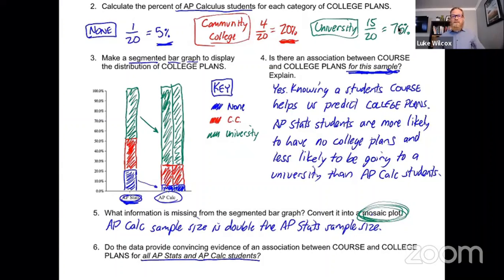So now this is doing some inference. We're taking our sample and trying to make an inference about the population. And sure enough, in number 4, we said there's an association for these 2 samples. But remember, these are random samples, and there's a lot of variability in the results that you get from a random sample. So maybe the same will not hold true for the whole population.